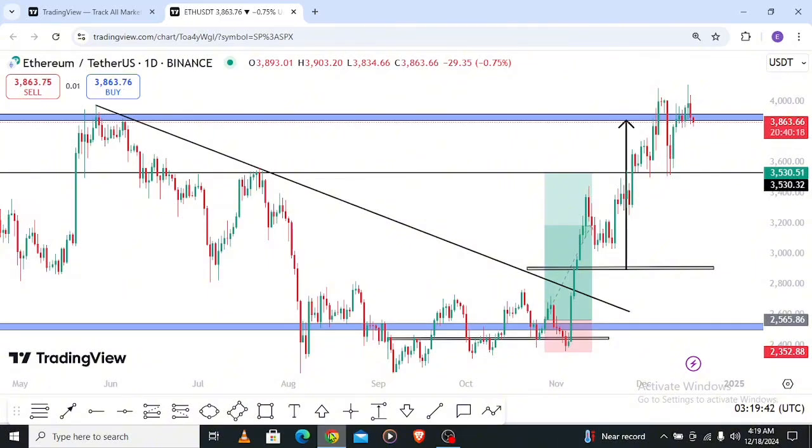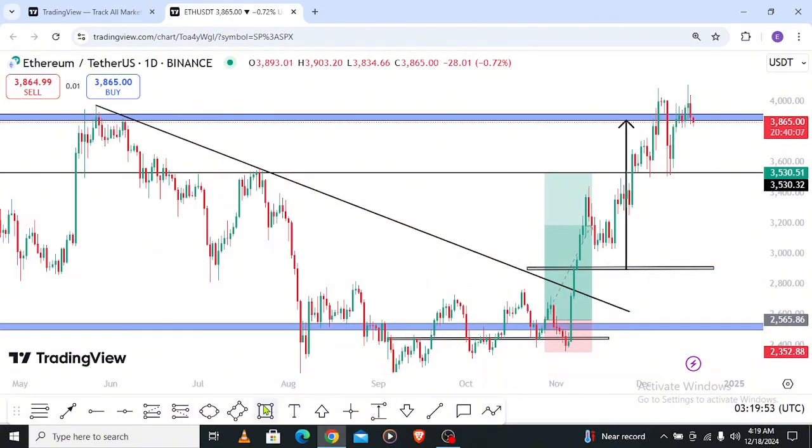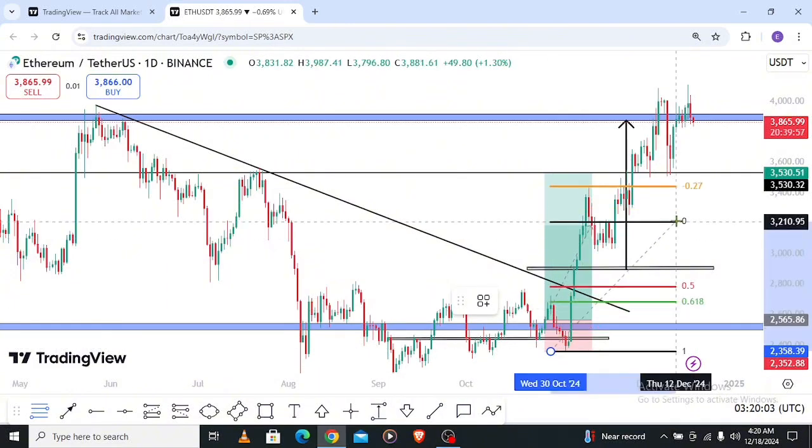So with that being said, we have Ethereum in front of us, Ethereum USDT, which is one of the pairs that we looked at in the previous video. We were anticipating Ethereum USDT to buy to $4,000 per coin, which has happened, although it didn't give us the entry that we wanted to see.